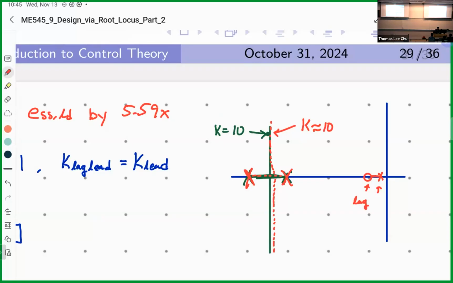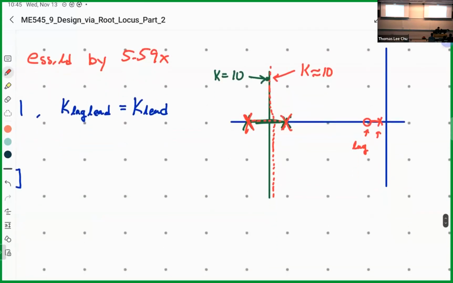In other words, when I'm doing the root locus of this plot here, it's going to be of S plus ZC divided by S plus PC multiplied by G of S, which is in green, the original system.